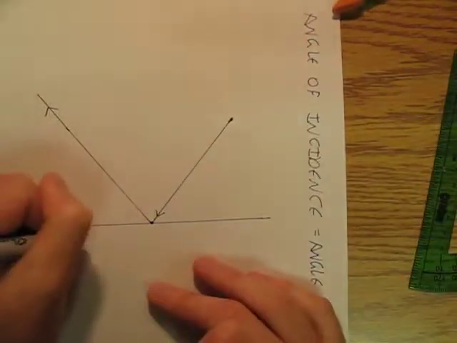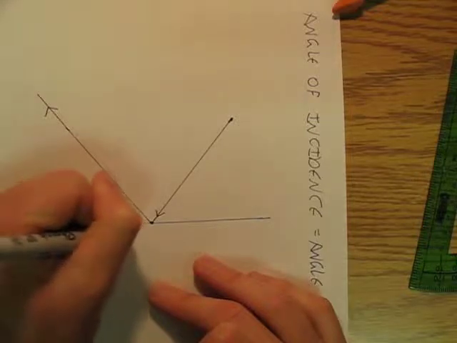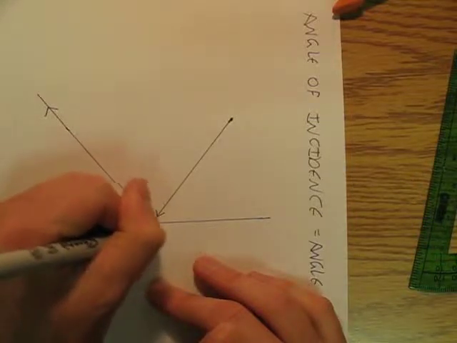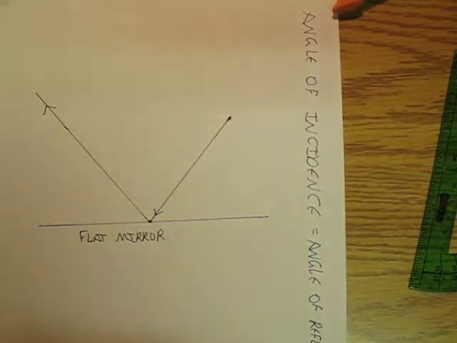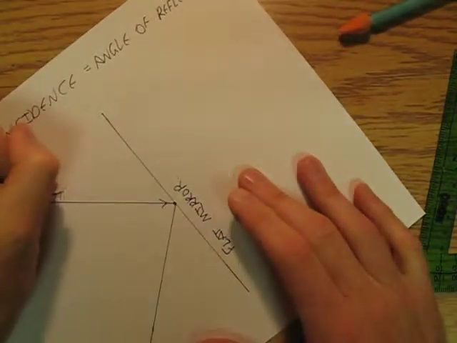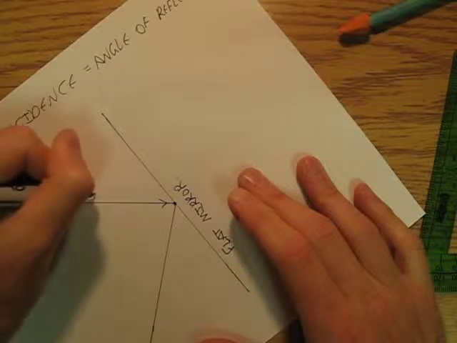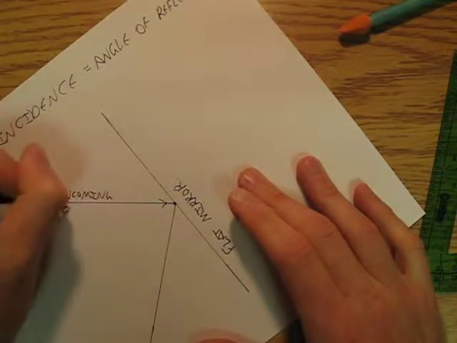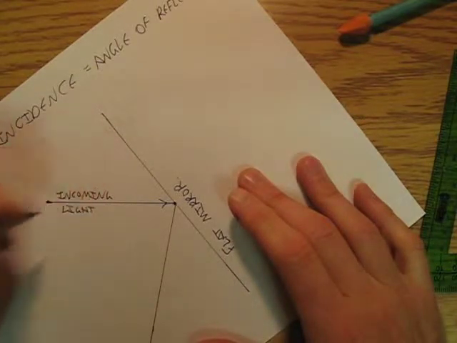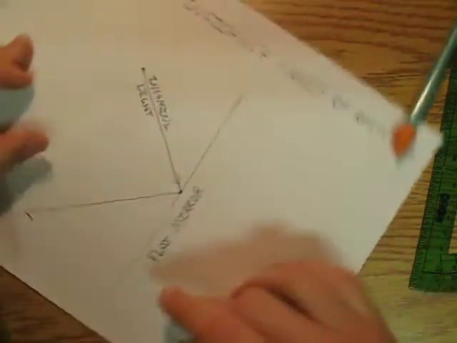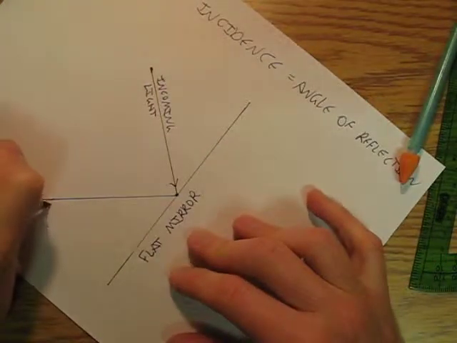So this is my flat mirror. And this is my incoming light, this is my outgoing light.